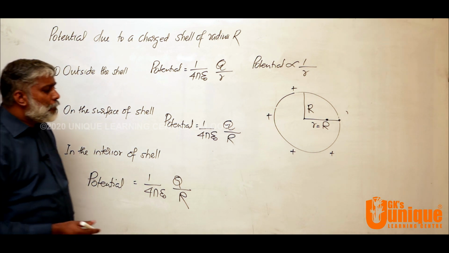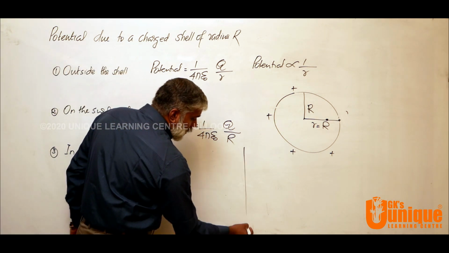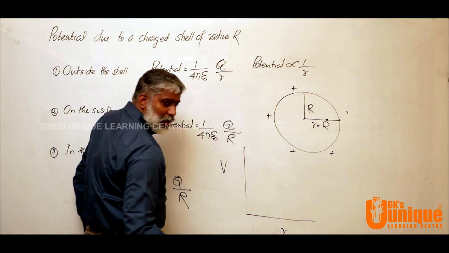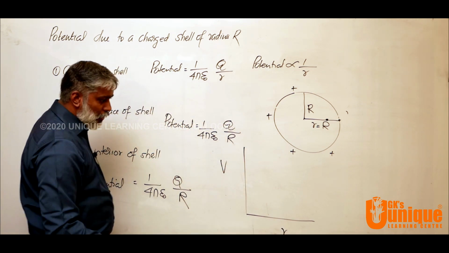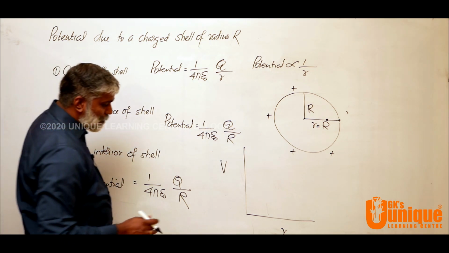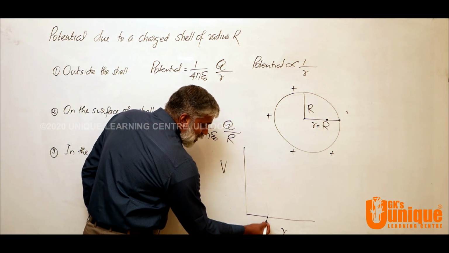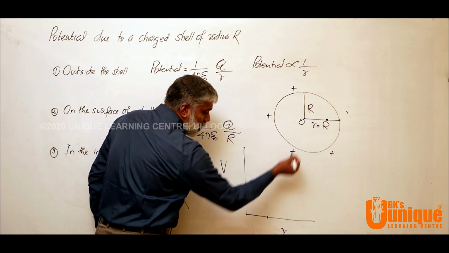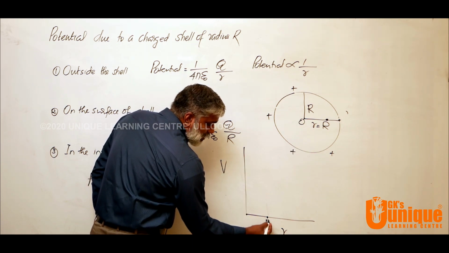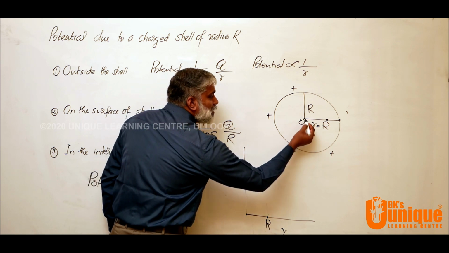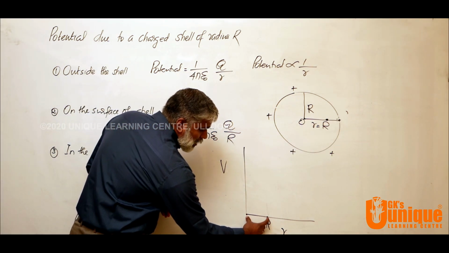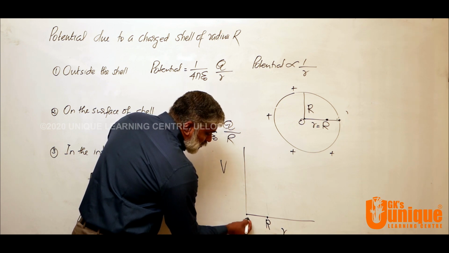See, I am plotting a graph here. This is small r, this is potential. V versus r graph I am plotting in this case. This is the center O, then this represents capital R, meaning center to surface.